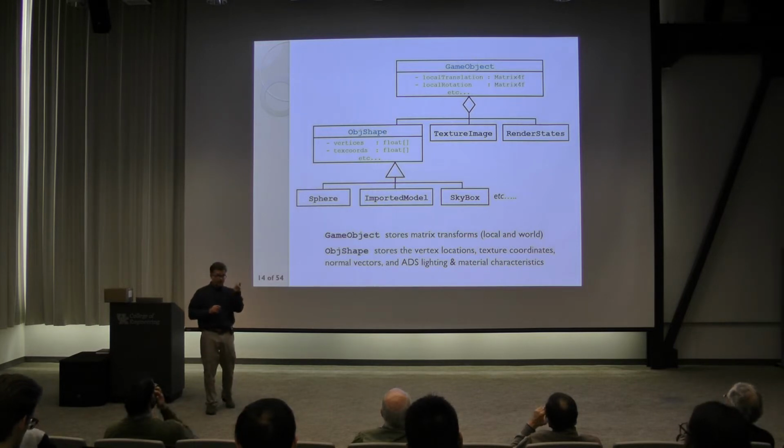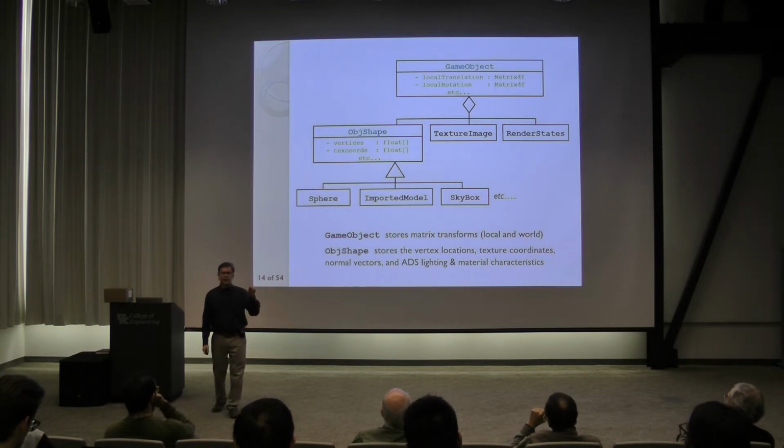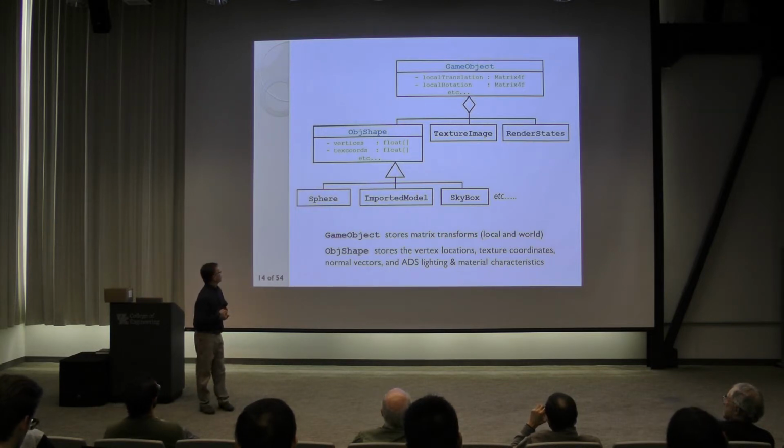Each vertex has a location in 3D space, X, Y, Z. It probably also has a texture coordinate and a normal vector associated with it. All those things are part of the shape, and they would be loaded in, for instance, from an OBJ file, or loaded in automatically from one of those predefined shapes. So that information is not in the game object, but in the game object's shape.